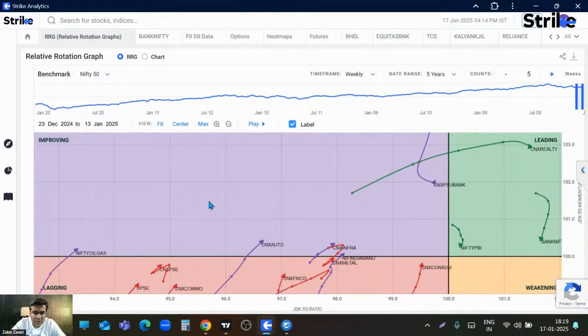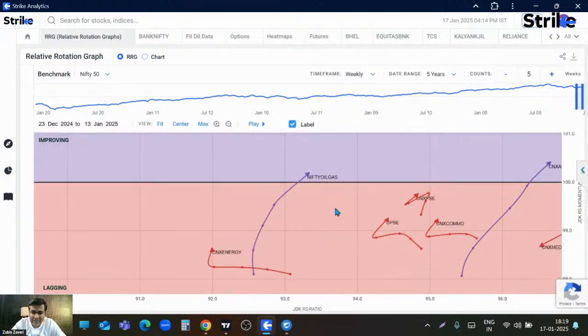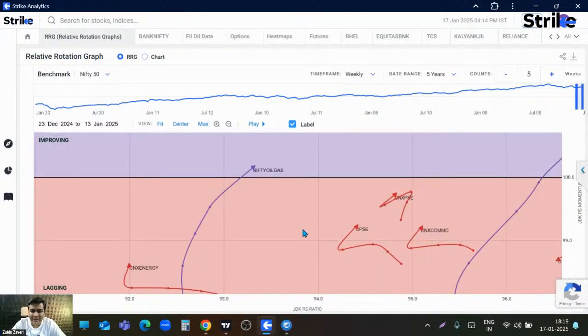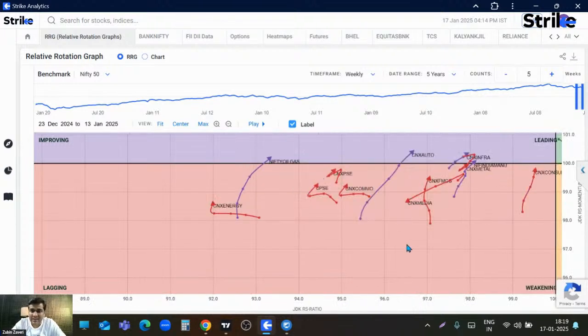We'll see that. So first, the Reliance chart we have seen, which is in oil and gas. Okay, last week, the momentum of oil and gas was only 99.53, and this week it has changed to 100.16. So this week, oil and gas has crossed borders from lagging to improving quadrant, which is a good sign.